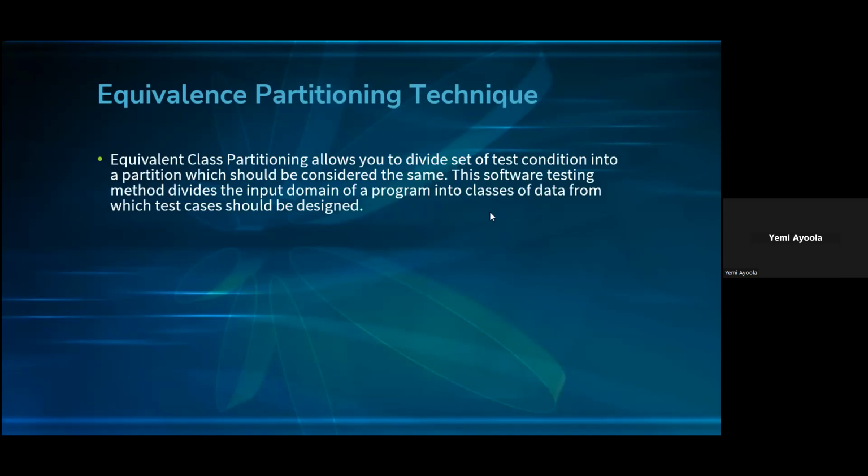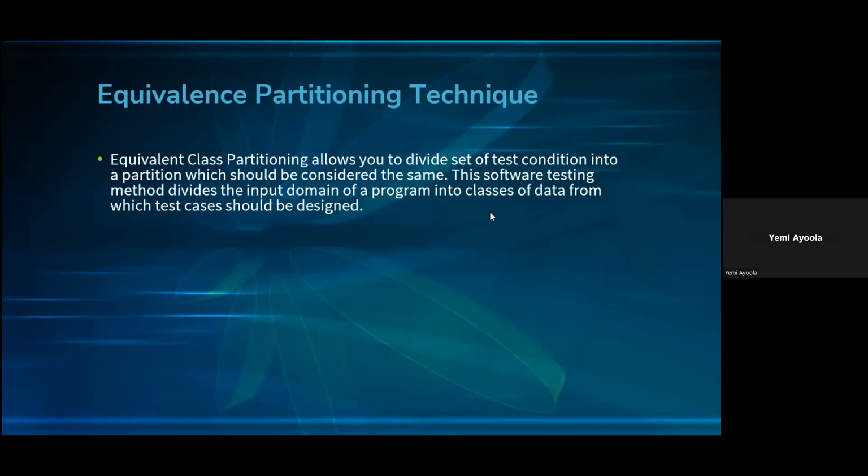Equivalent class partitioning allows you to divide a set of test conditions into a partition which should be considered the same. This software testing method divides the input domain of a program into classes of data from which test cases should be designed. Forget about everything I've said.